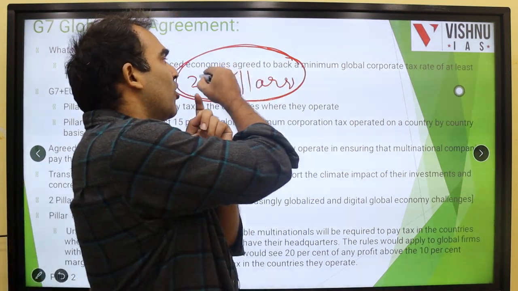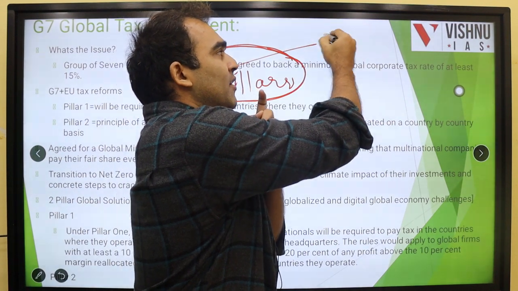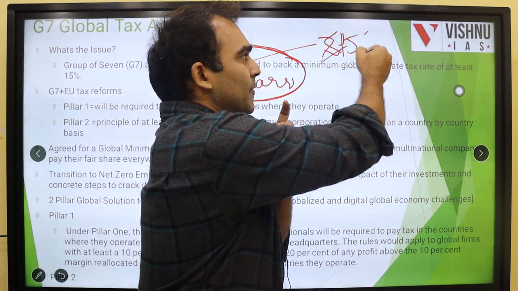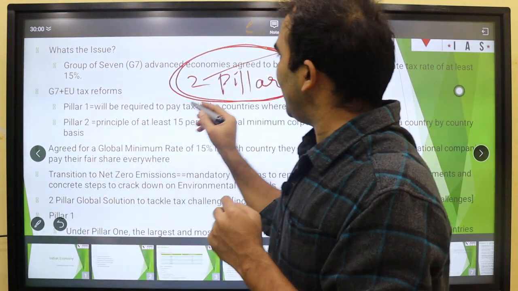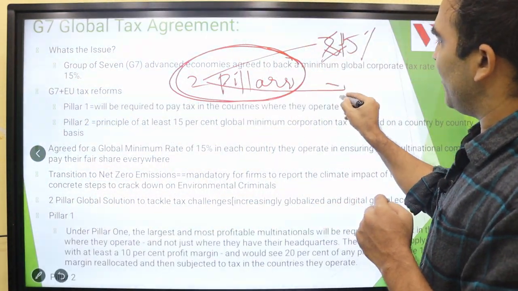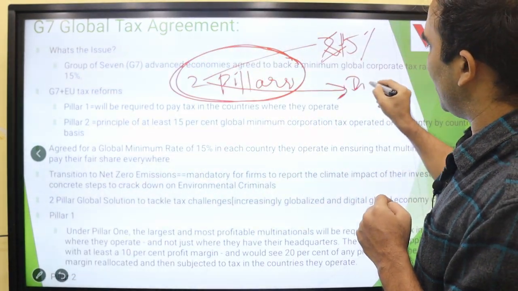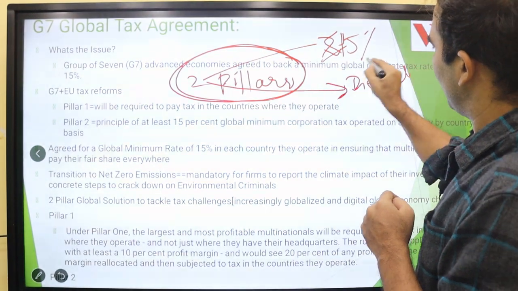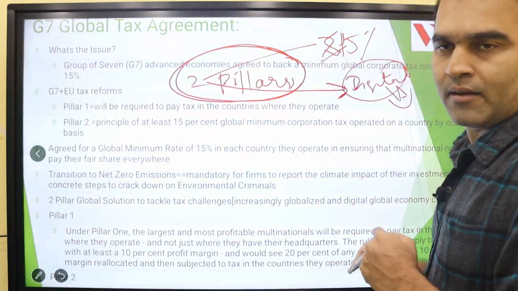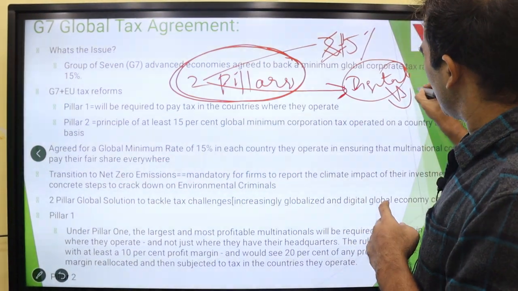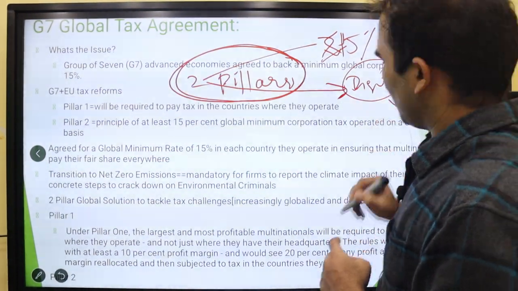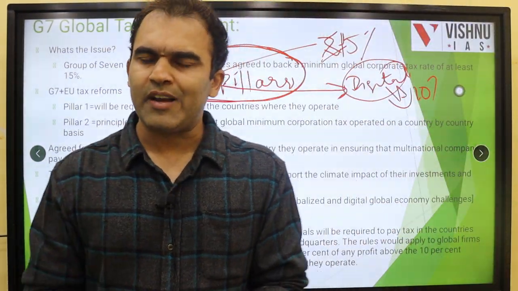So the agreement was trying to address both these things. One, the focus was that corporate tax will be at least 15%. And secondly, they have also addressed these digital companies particularly, based upon certain rules. A minimum 10% threshold of net profit has been put in.